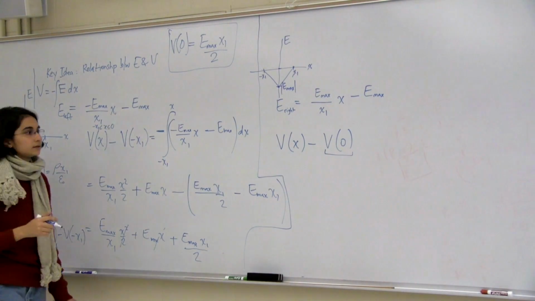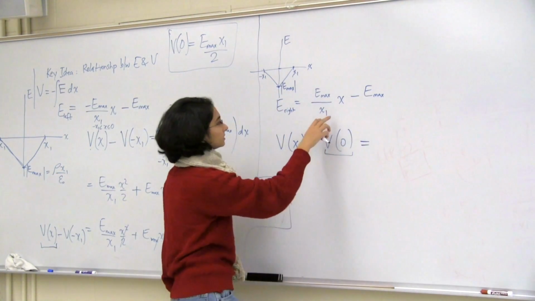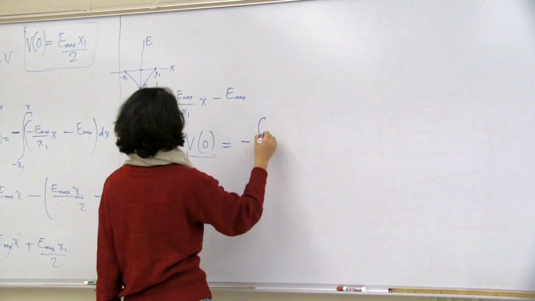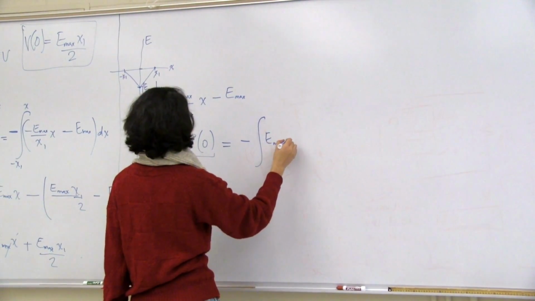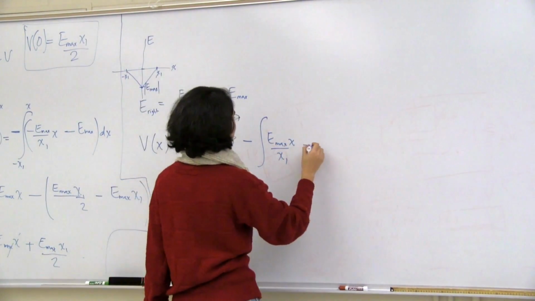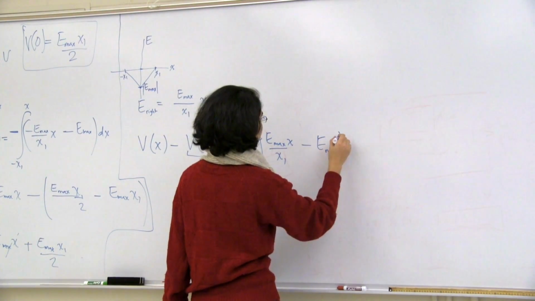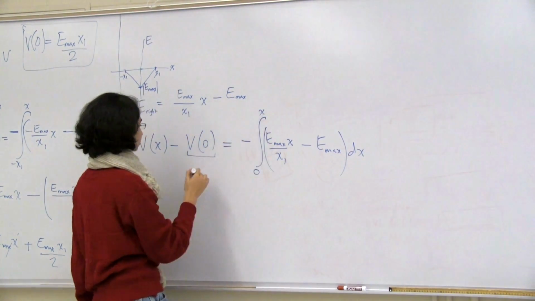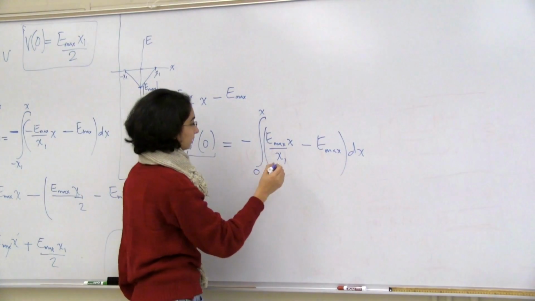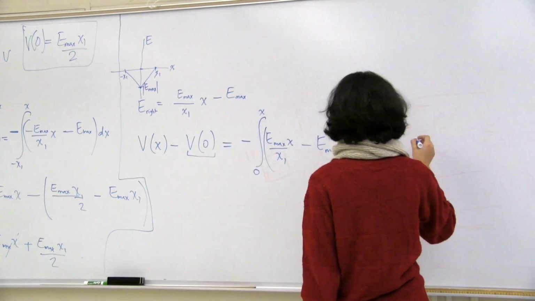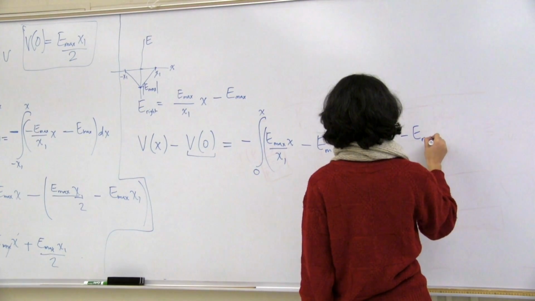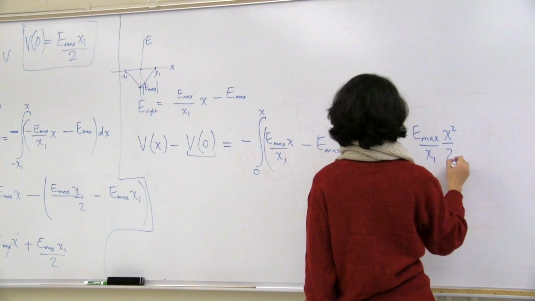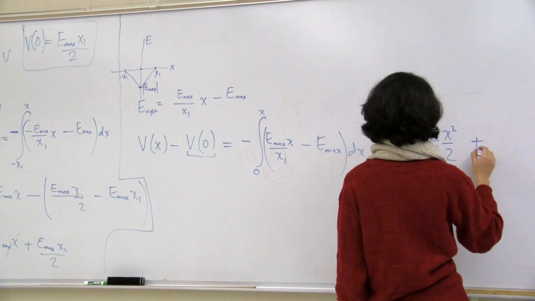Yes? Okay. So we'll go ahead and integrate this expression, so negative of, and this is going to range from 0 to x, the same limits. And that gives me negative E max x squared over x1, and then that becomes plus.